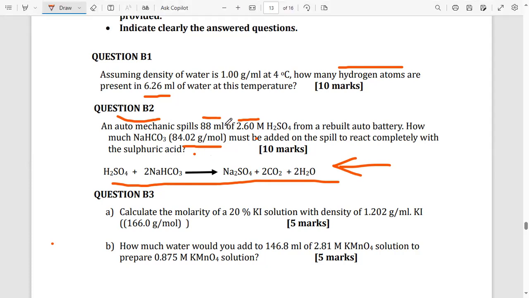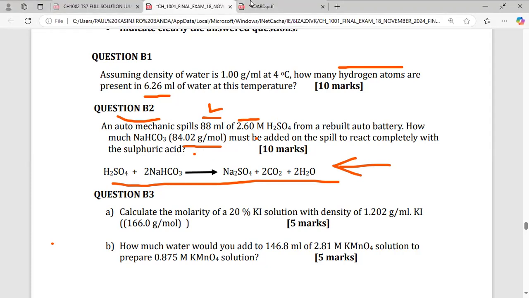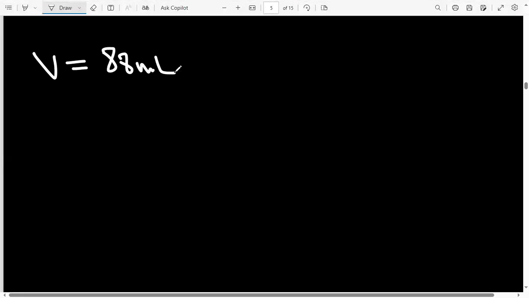We have 88 milliliters. So we have to change this 88 milliliters to what? To liters. So we just divide this value by 1,000. So I'm going to say the volume of the sulfuric acid is 88 milliliters, but you always change milliliters to liters, so you divide this by 1,000 like this.